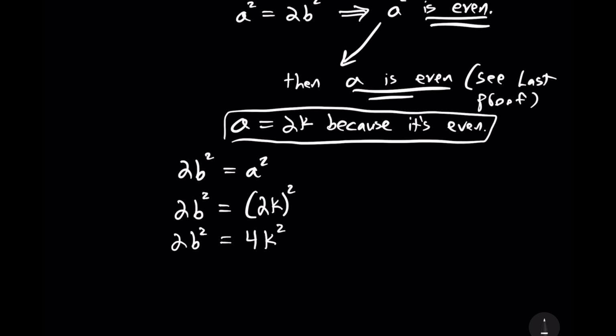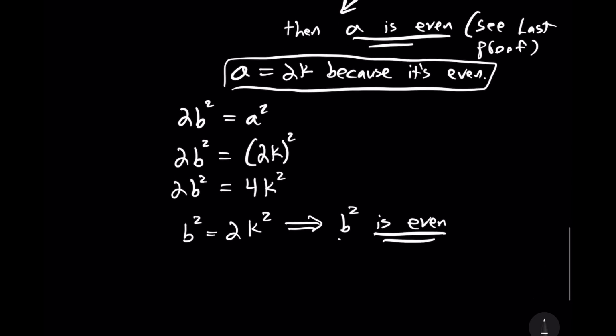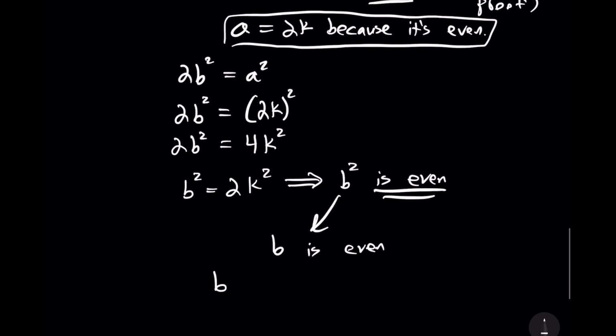Divide both sides of the equation by 2. So b squared is equal to 2k squared. But that implies that b squared is even. And that implies that b is even. So we can say that b is equal to 2r because it's even.